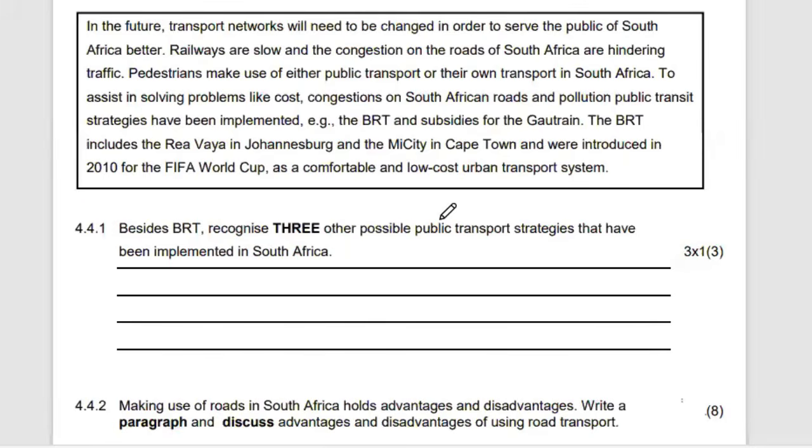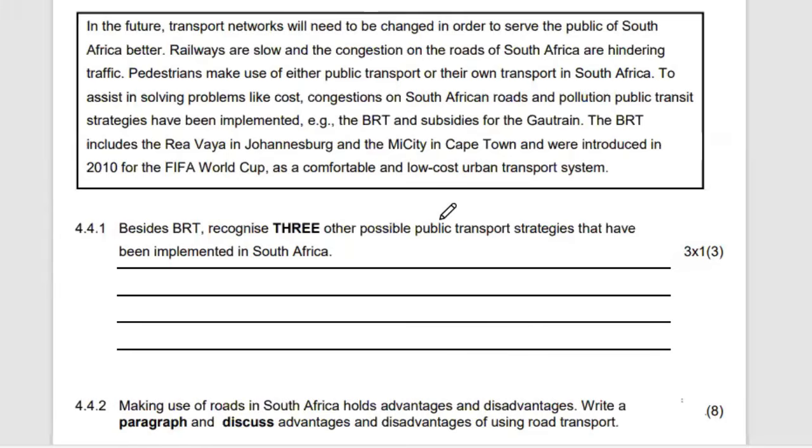Railways are slow, and the congestion on the roads of South Africa is hindering traffic. Pedestrians make use of either public transport or their own transport in South Africa. To assist in solving problems like cost, congestion on South African roads, and pollution, public transit strategies have been implemented.